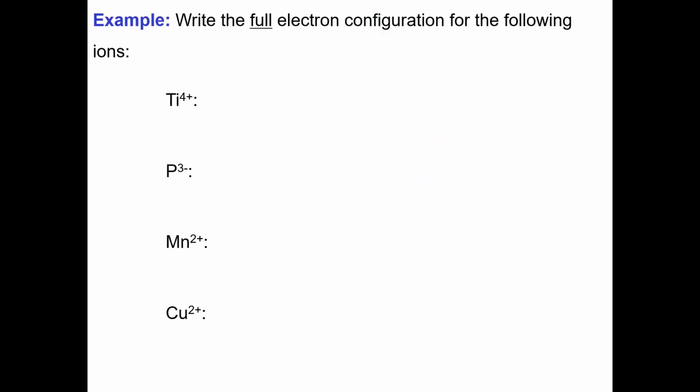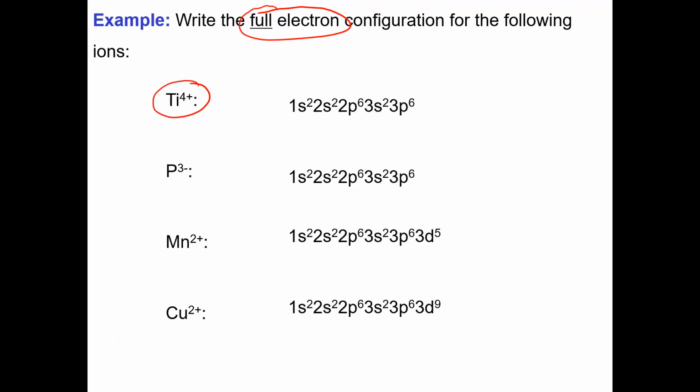Typical problems will ask you to write the electron configuration for a particular element or ion. For titanium 4+, I would write the electron configuration for titanium, and then remove 4 electrons.